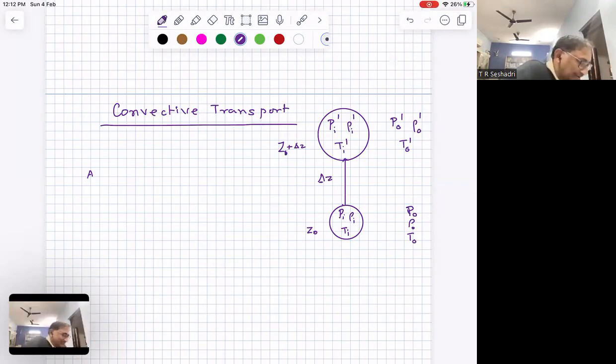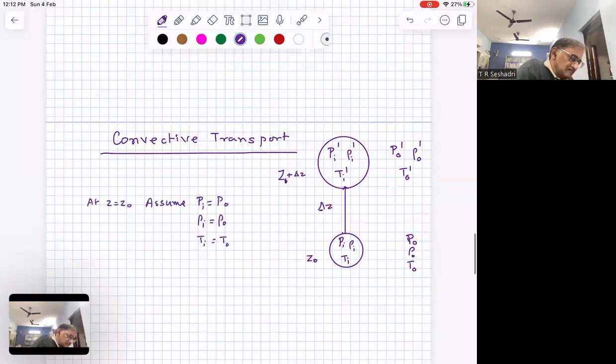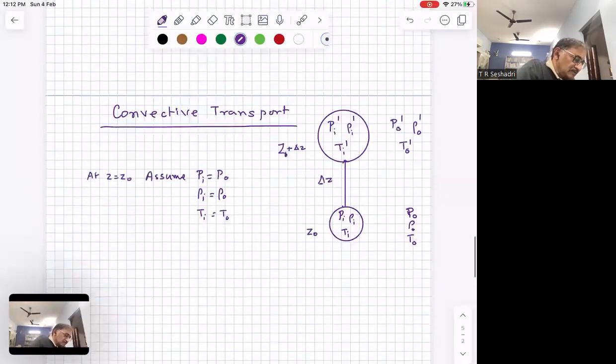So at Z equal to Z naught, let us assume that Pi is equal to Po, rho i equal to rho o, Ti equal to To. Okay.